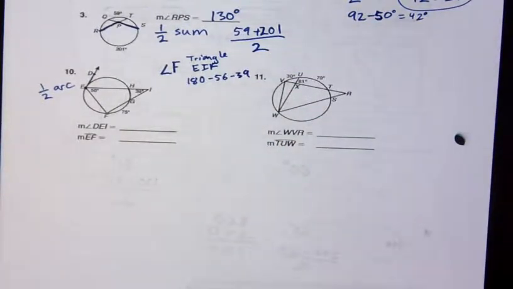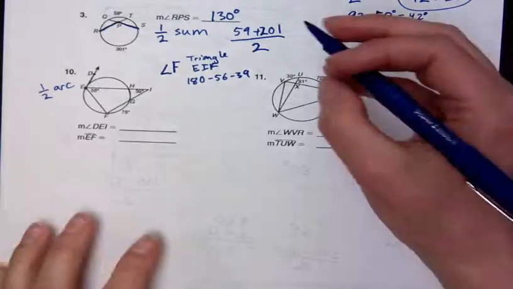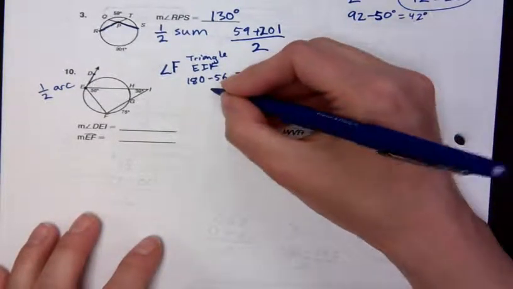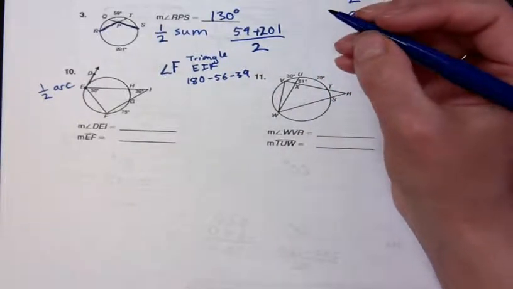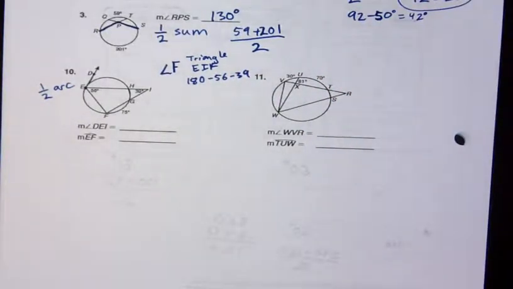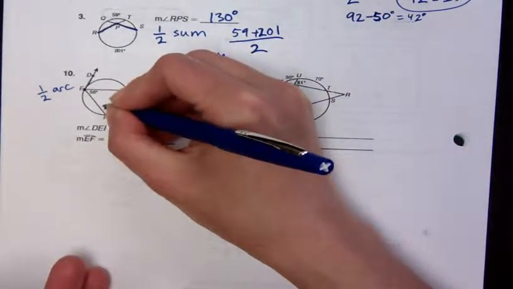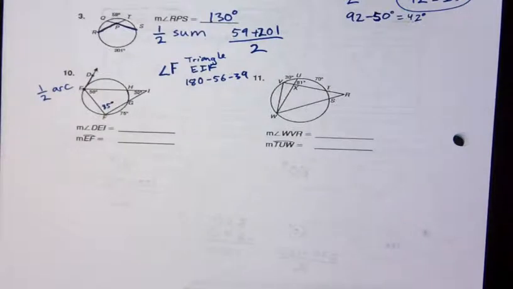What does that give us? 85 or 95? 85? Okay. So angle F equals 85. You guys with me on that part? Yeah. Okay.